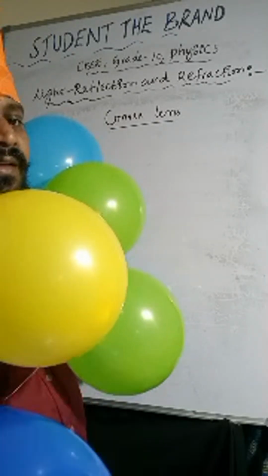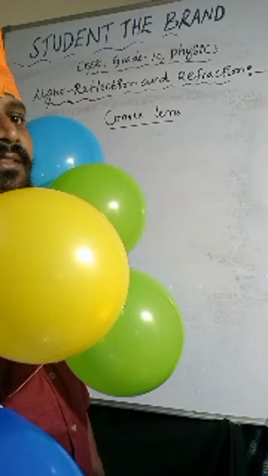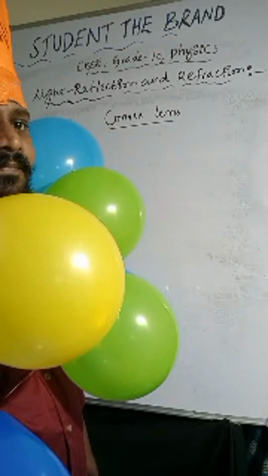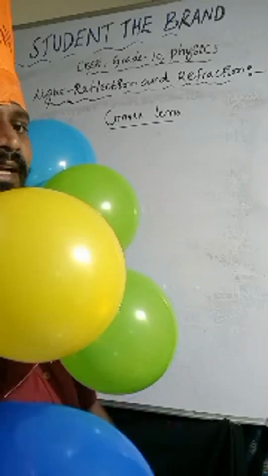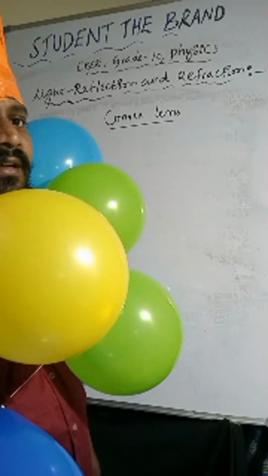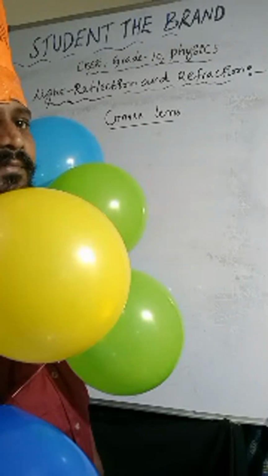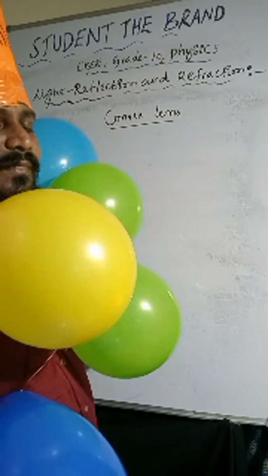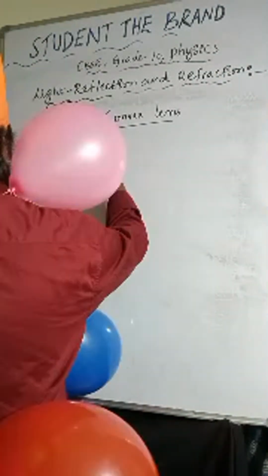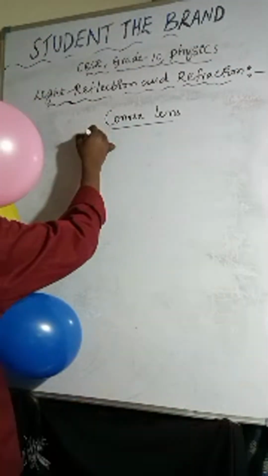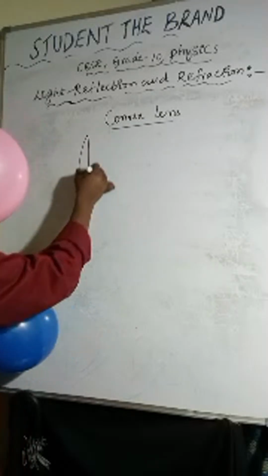What is a convex lens? When light rays are incident on it, those light rays will be converged and meet at a point. So this is a convex lens, also known as converging lens.